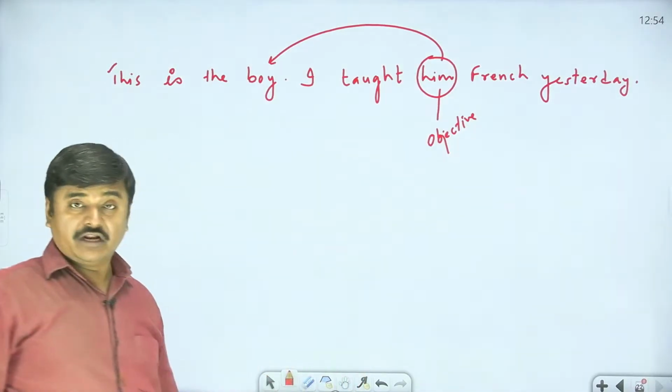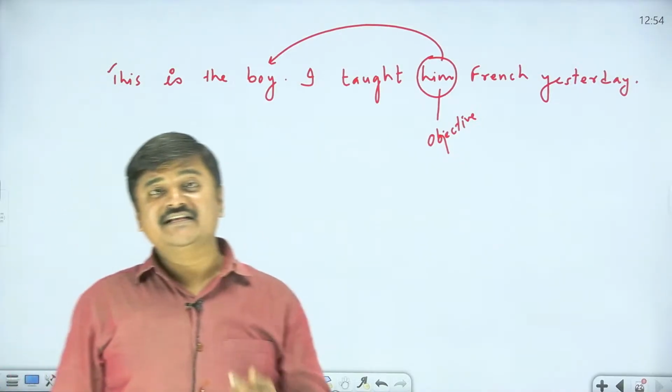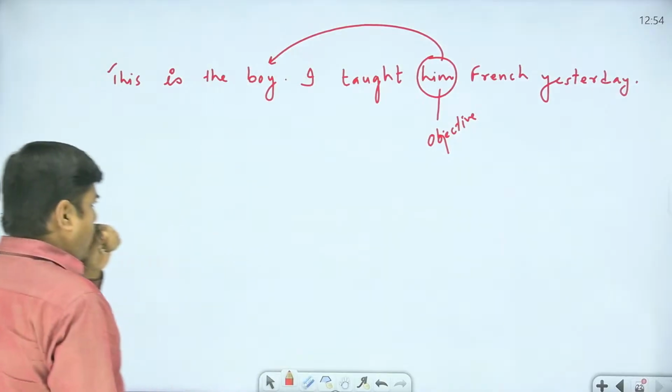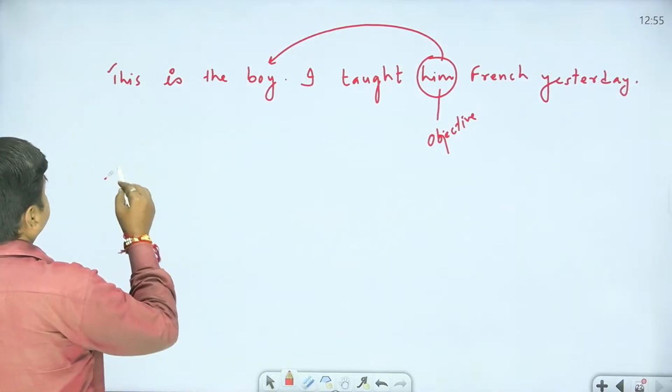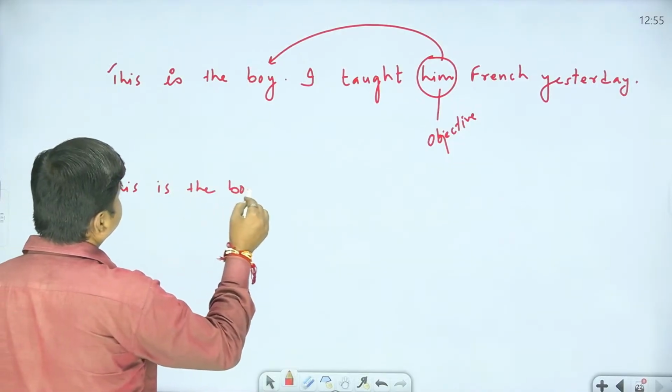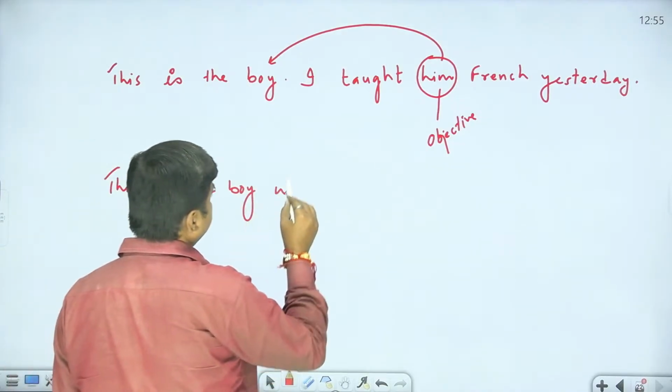And we know for living being we use in objective case whom. That's right. So we can write like this: This is the boy. Now you have to use whom.